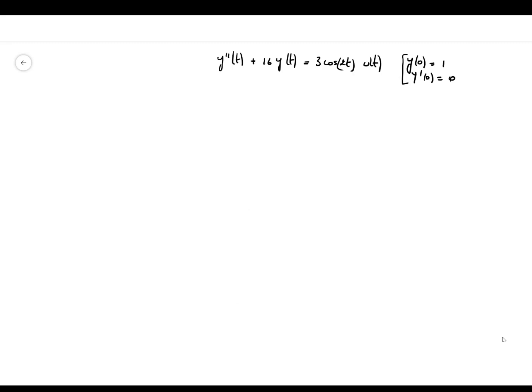So here's another exercise. It's a second order differential equation, so there are 2 initial conditions. In order to go to the Laplace domain, we need to find the Laplace transform of the second derivative of a function.